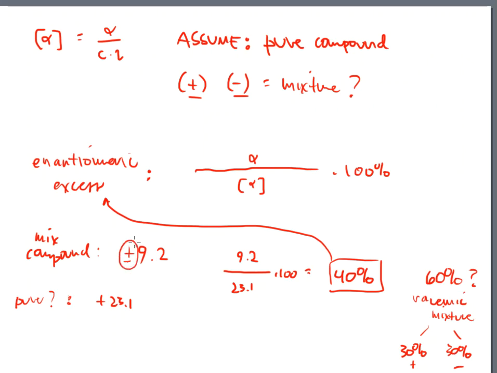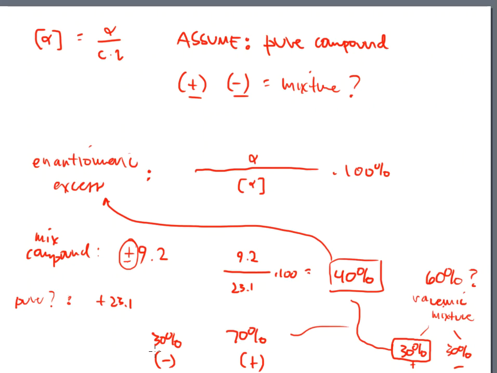This is the positive version that we ended up with here. Positive 9.2. Well, that 40% has to be added on to that 30%, folks, and this is going to give me a 70% positive and a 30% negative.